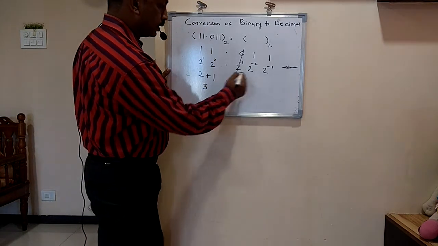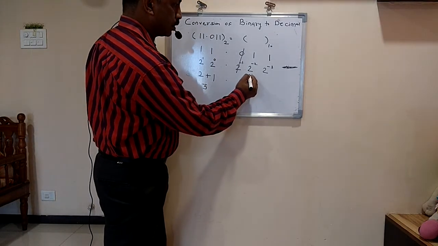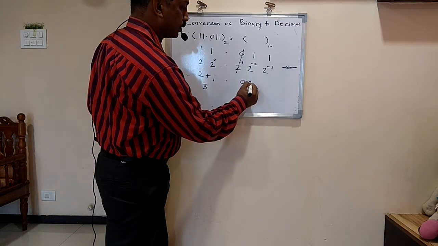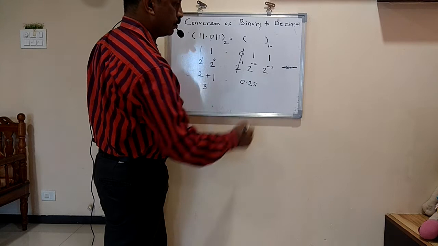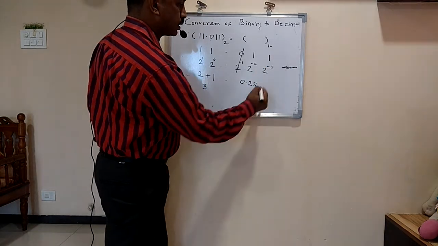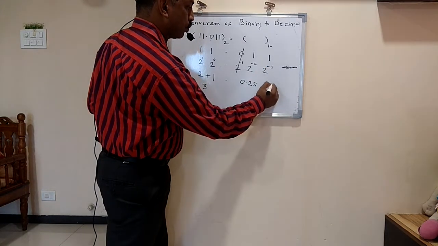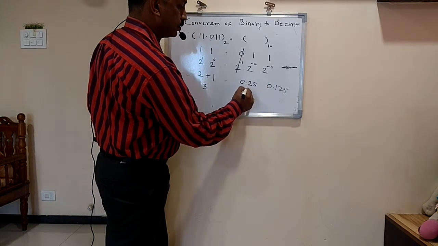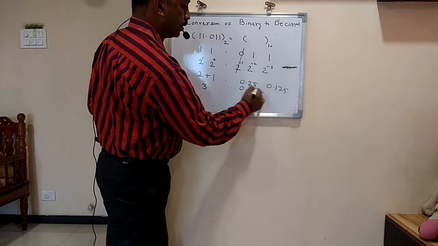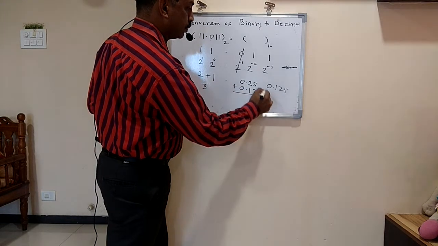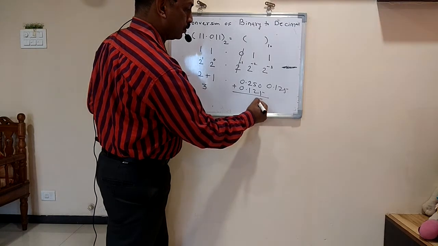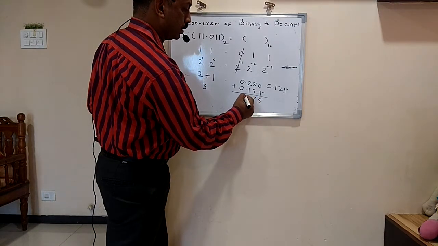Next, here 2 raised to power minus 2, its value is 0.25. 2 raised to power minus 3, its value is 0.125.